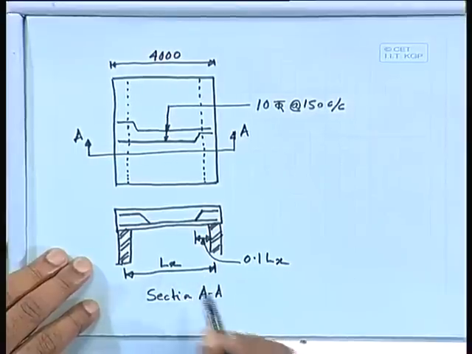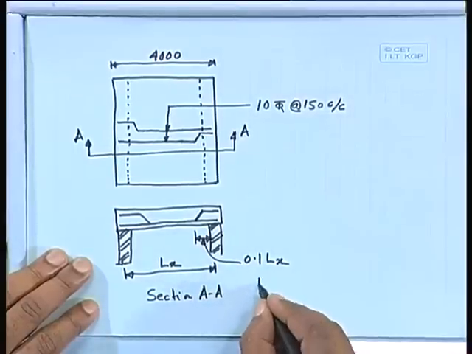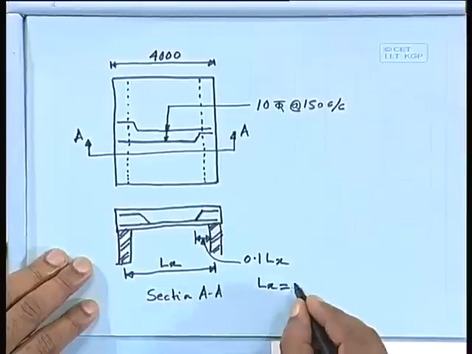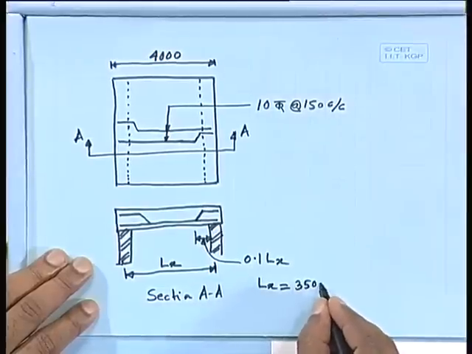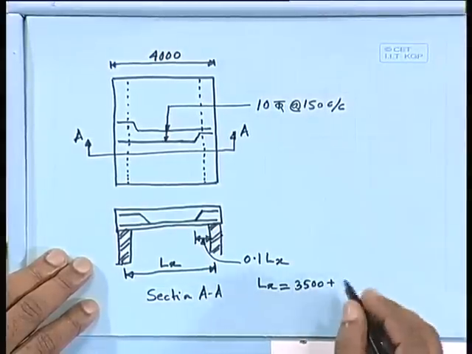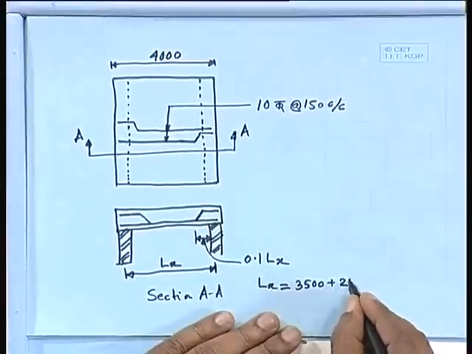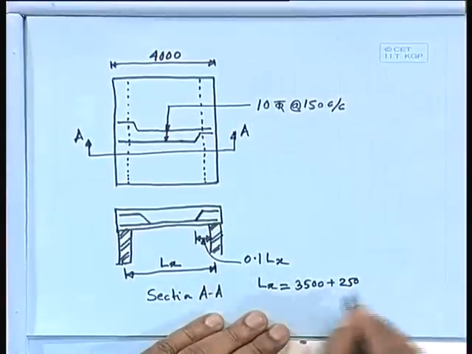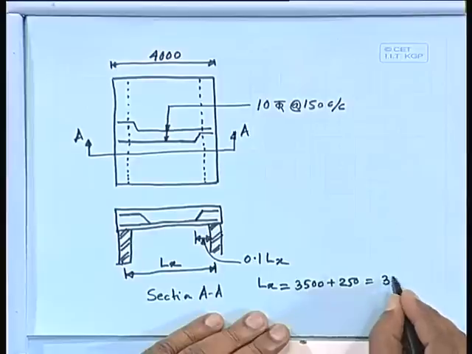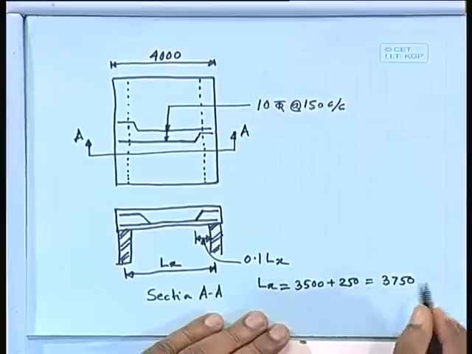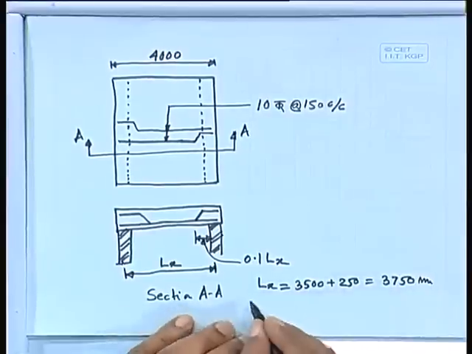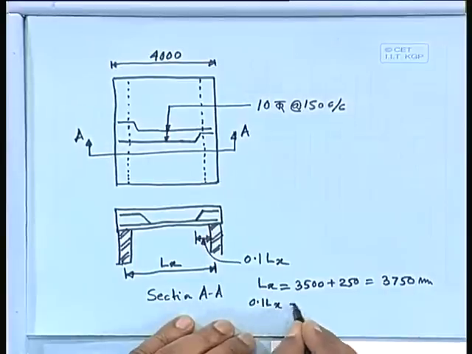So, in our case Lx equal to 3500 plus 250 center to center, which comes as 3750 millimeter. So, 0.1 Lx equal to 375 millimeter.